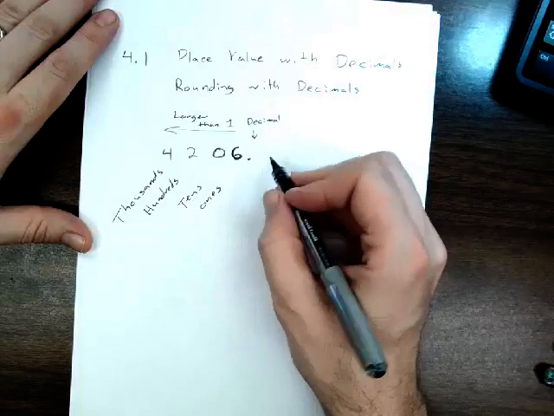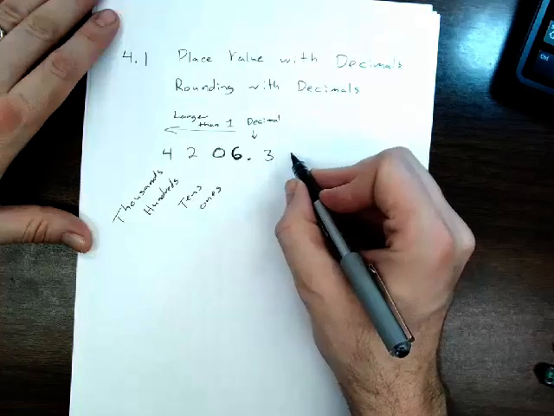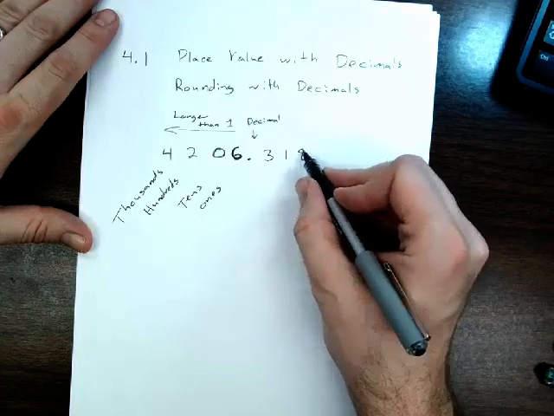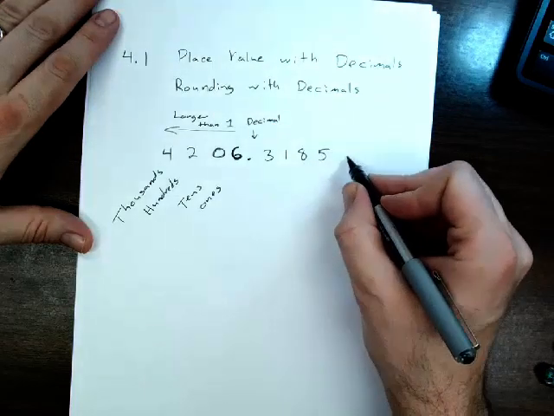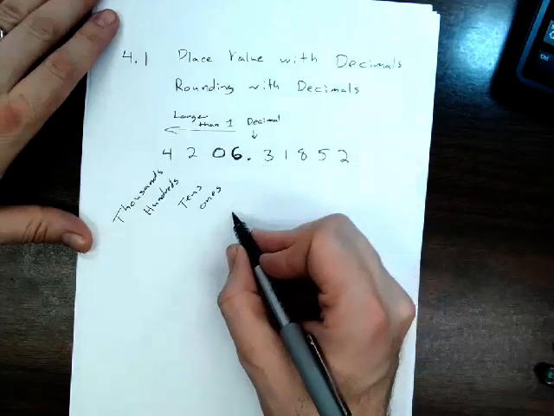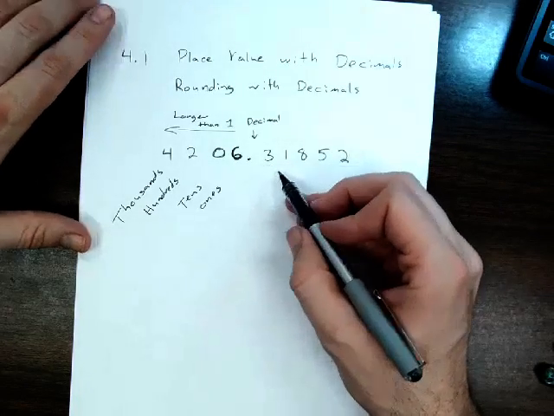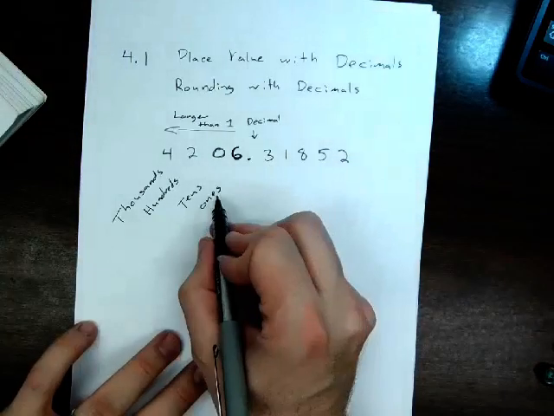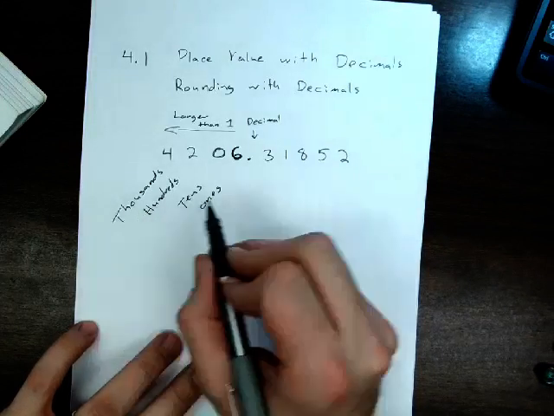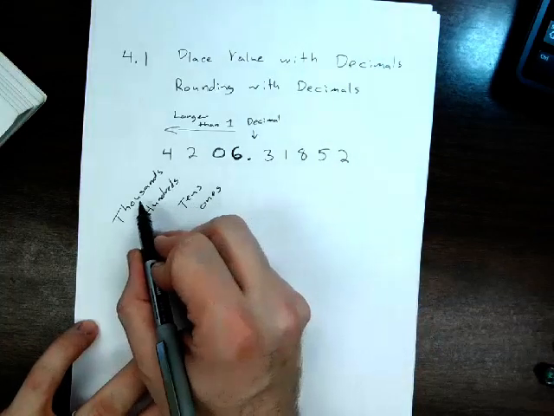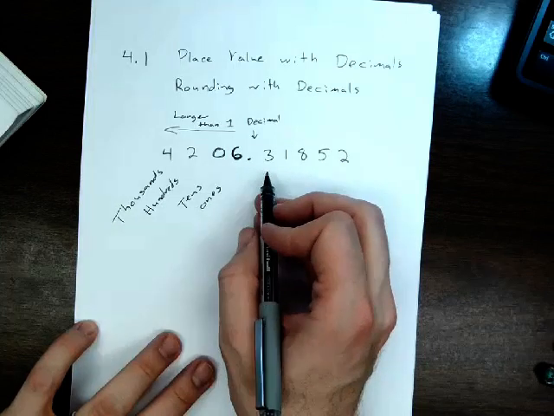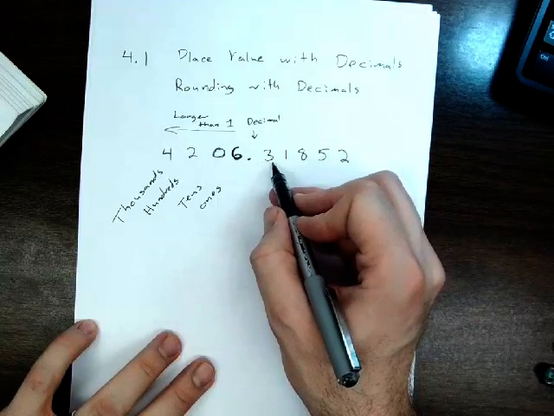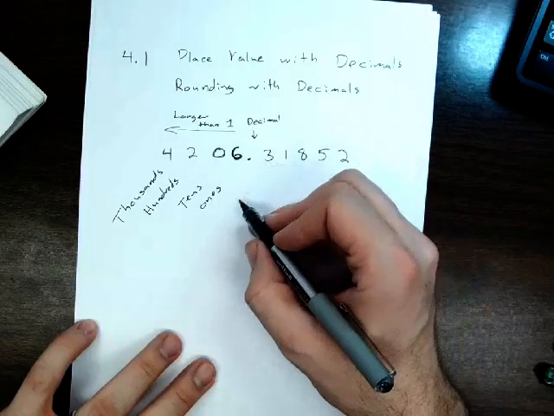So say I had something like 3,185.2. Each of these place values follows a fairly easy to spot pattern, but just like every single place value to the left increases by a power of 10, it decreases by a power of 10 to the right. This starts with our tenths.